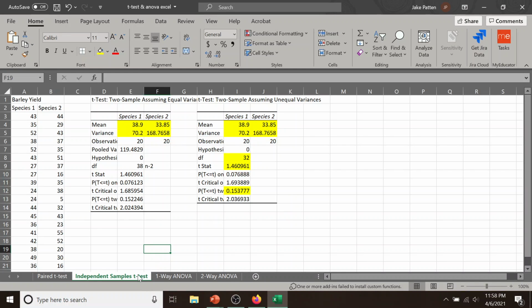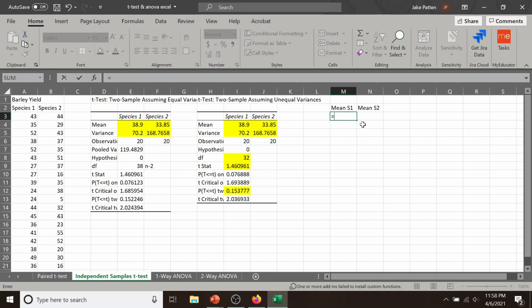Okay, so let's go over here. The first thing we want to do is make our calculator have, let's say, mean species 1, mean species 2. We're going to put an equal sign in there because we're doing some sort of math, and we're going to type in this command and put an open parenthesis.